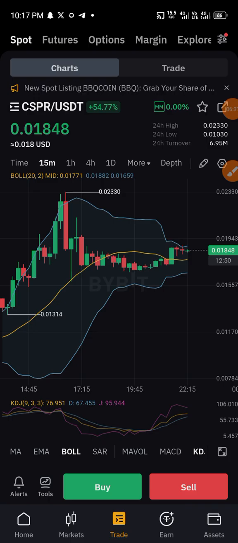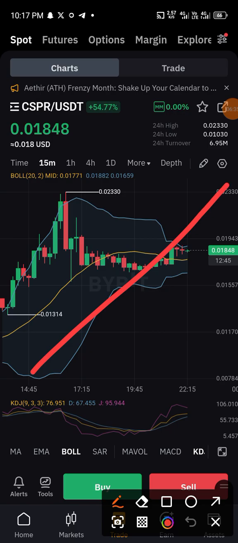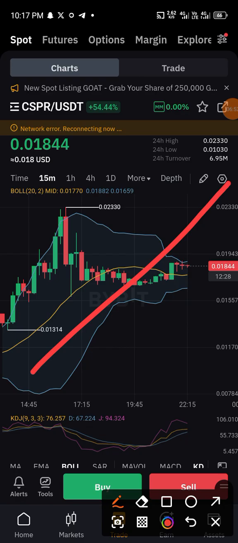Now from here again, it will take up, because it's a coin that is ready to move. From looking at it, 24 hours turnover is up to over 6 million, and its highs and lows over 24 hours are still rational.